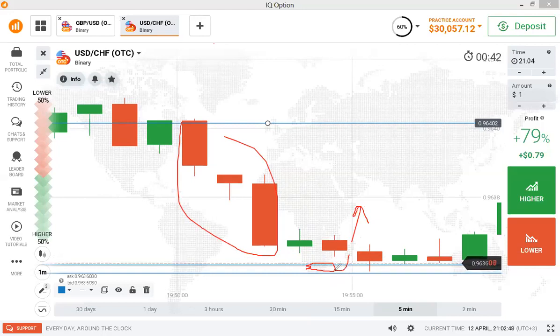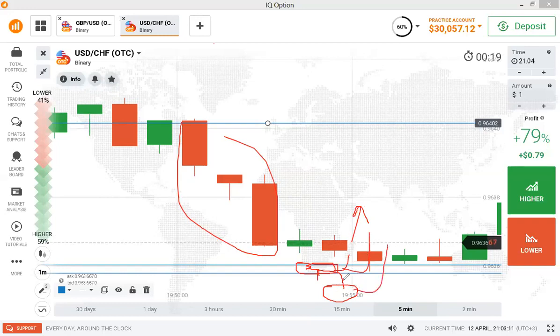Then, because of your confirmation that you are seeing here with this rejection and a weak candle, see, the sellers still form a bearish candle here below the level. That means in this area, where buyers should enter on the next candle, the sellers entered again.